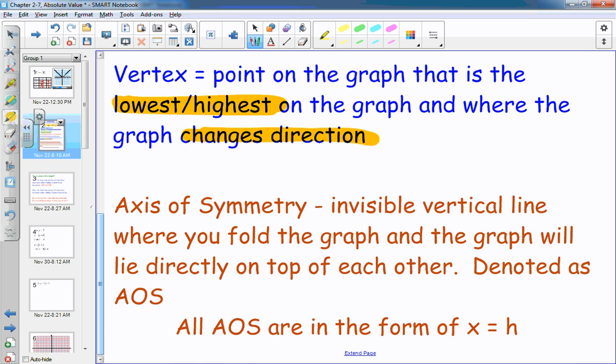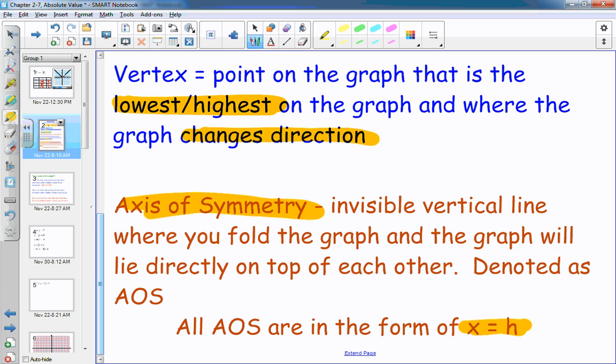And then the last thing you need to know about is what we call the axis of symmetry. The axis of symmetry is basically a vertical line, and all vertical lines are in the equation of x equals a number. In this case, it's going to be x equals h. Why is it x equals h? Because this is going to be the x-coordinate of my vertex.